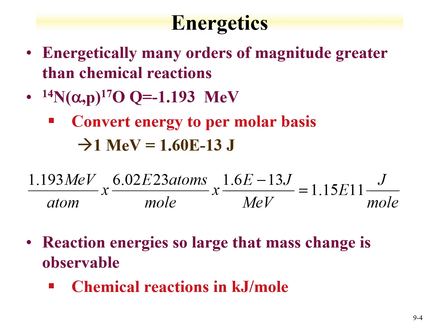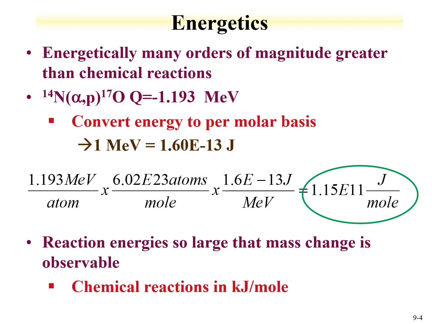Now to describe this sort of reaction, we can talk about it on a per molar basis, so we can compare it with a chemical reaction. We use a conversion of 1 MeV equal to 1.6 times 10 to the minus 13 joules. So we can convert our reaction from MeV per atom into joules per mole, and we see that this reaction winds up being on the order of 1 times 10 to the 11th joules per mole.